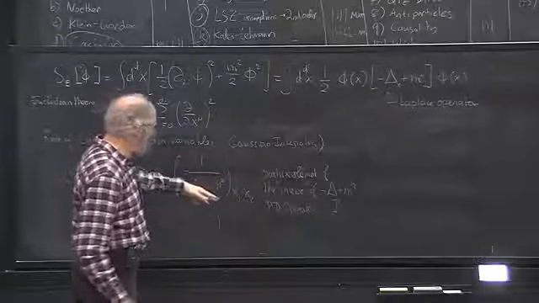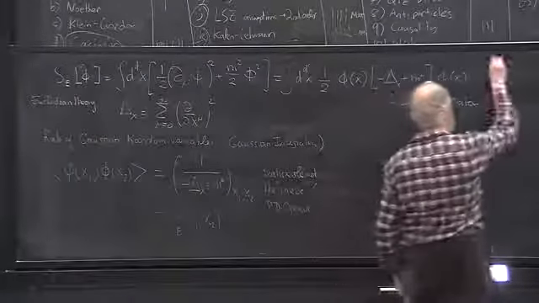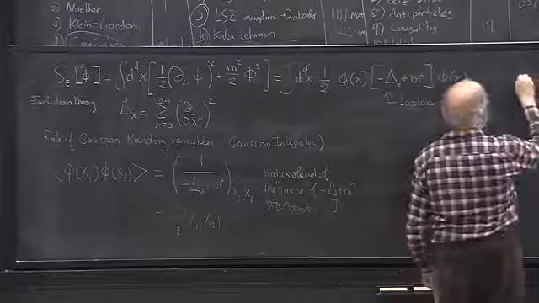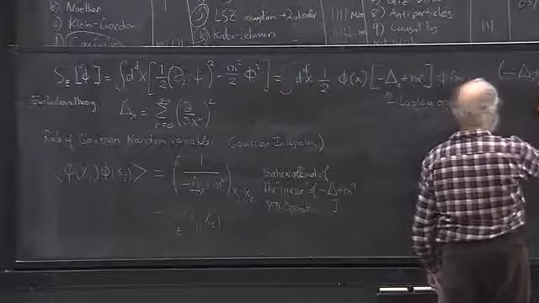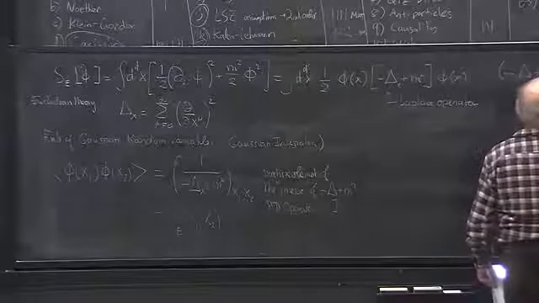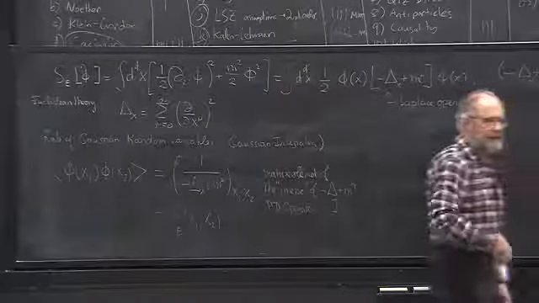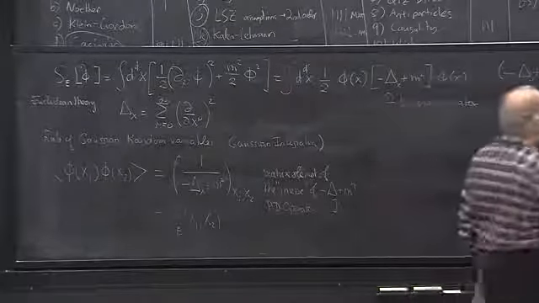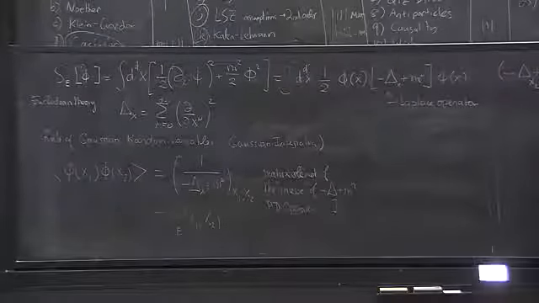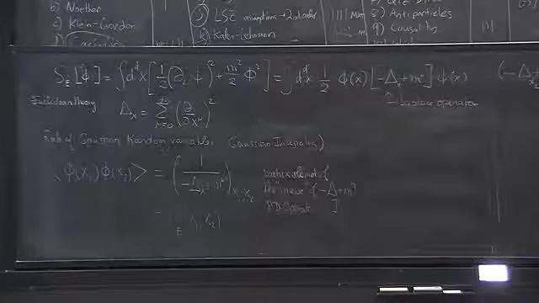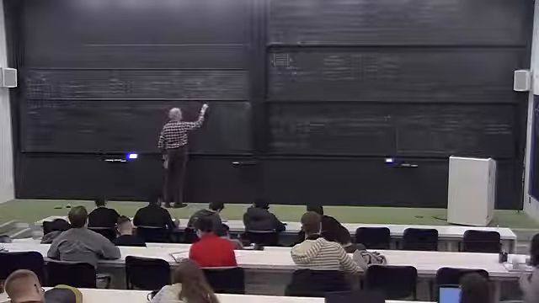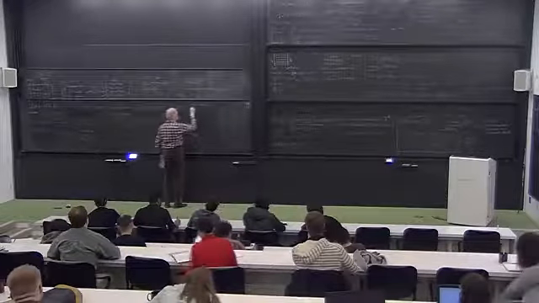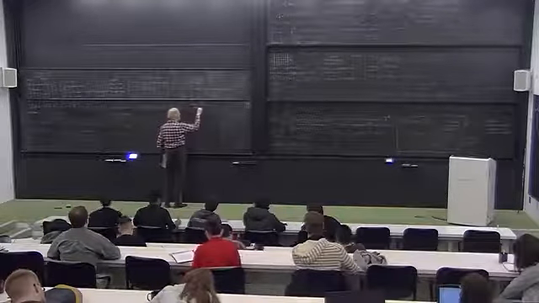But what does this mean? It means that minus delta plus m squared with respect to the variable x1 applied to G of x1 and x2 is the kernel of the identity operator. So it's a Dirac delta function of x1 minus x2 in d dimensions.